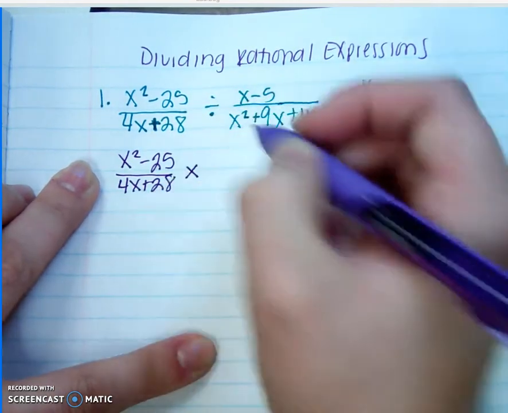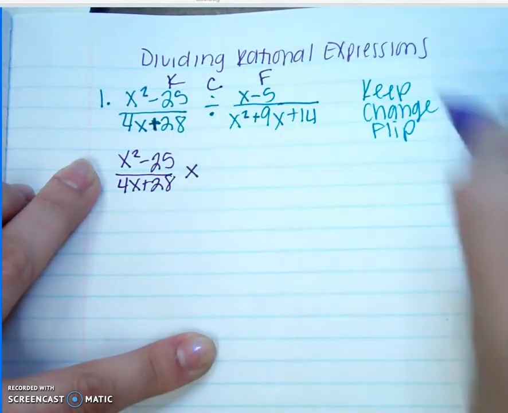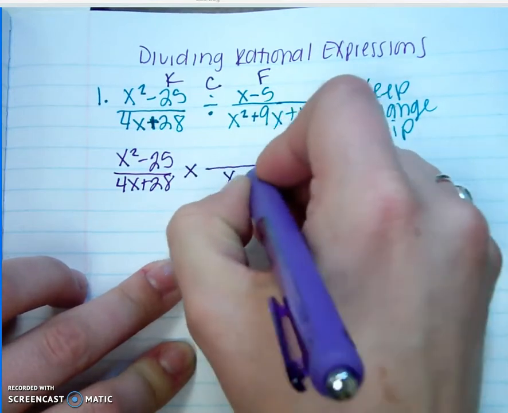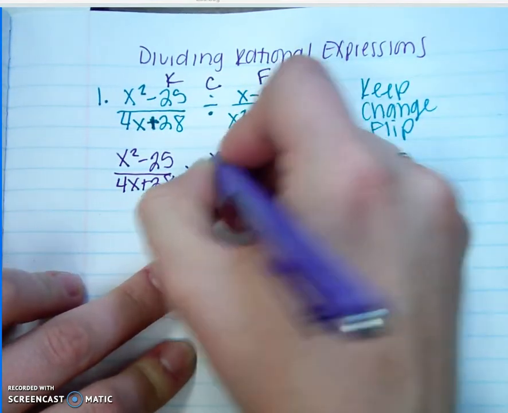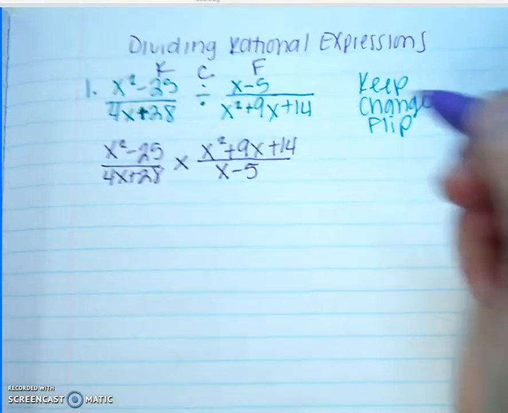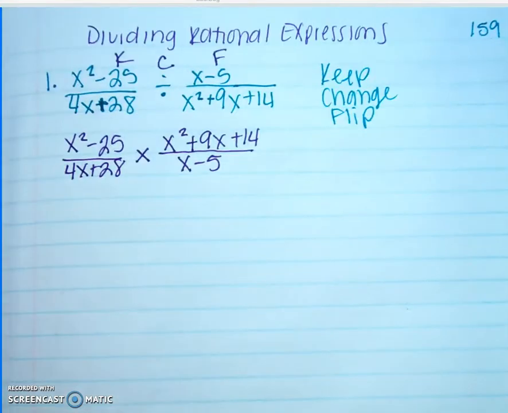Change the sign, and flip that second fraction. So I'm actually going to have x minus 5 on the bottom and x squared plus 9x plus 14 on the top. Now we're doing what we did with multiplying these rational expressions.